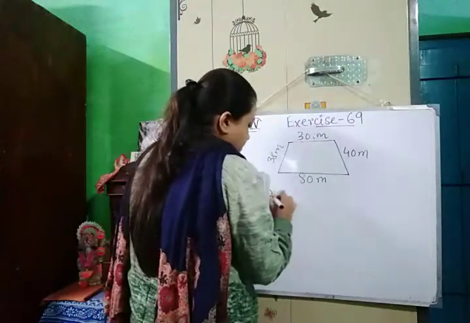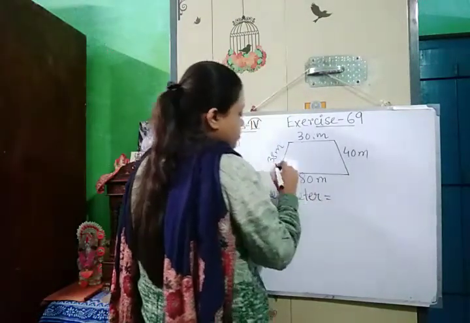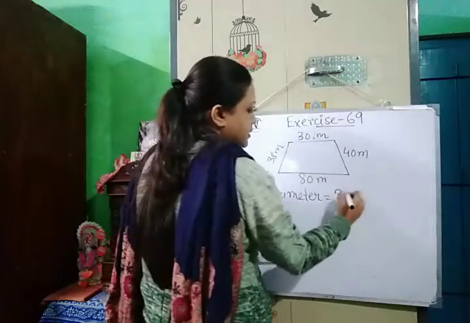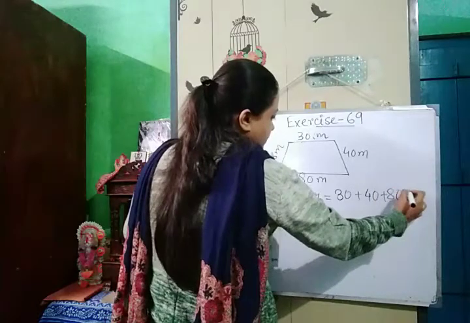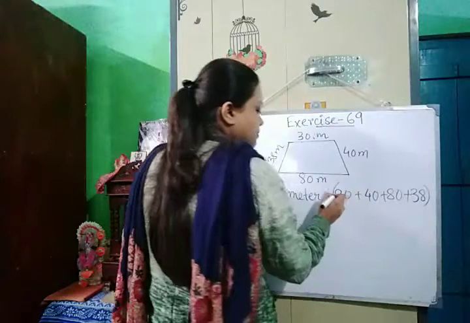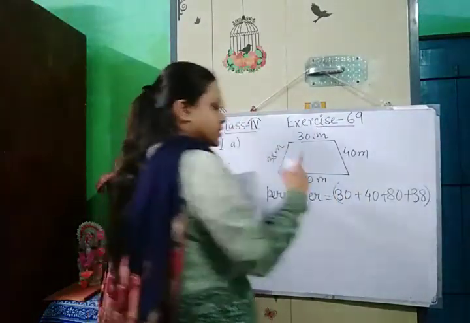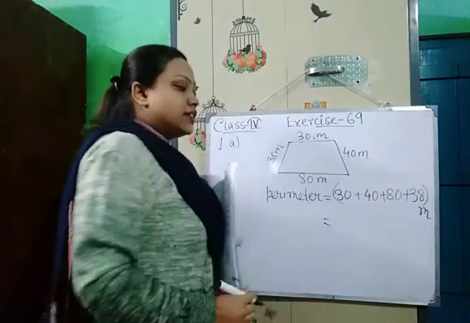So what will be the perimeter? Perimeter equals 30 plus 40 plus 80 plus 38, and in case of this type of sums do not forget to write the unit. Here the unit is given as meter.